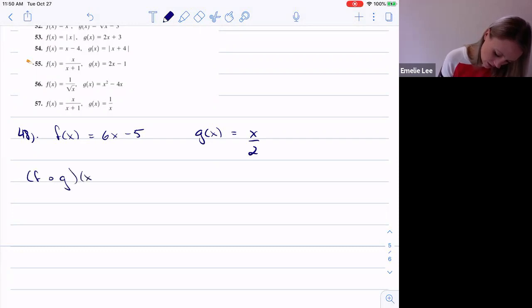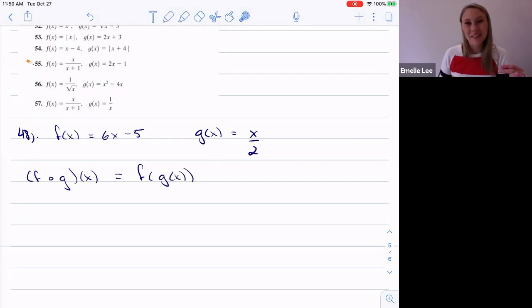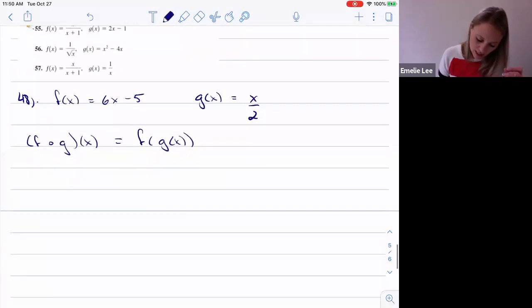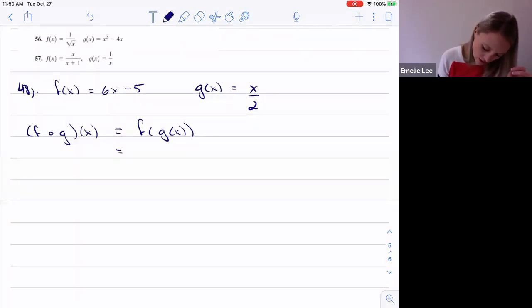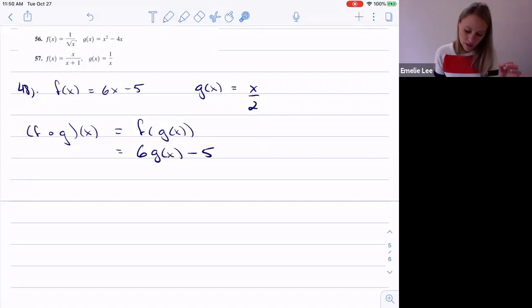F composed with g of x is the same as f of g of x. Now, sometimes later, once we've done a few of these, I might just jump right in and substitute g of x into f of x right away and skip this step. But for now, I'm going to have 6g of x minus 5, right? Wherever I see an x in f of x, I'm going to replace it with g of x, regardless of what g of x is for now.